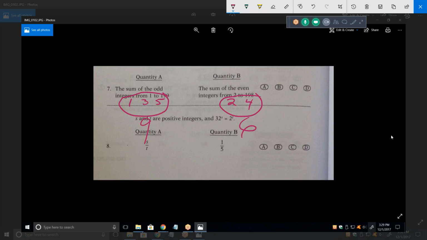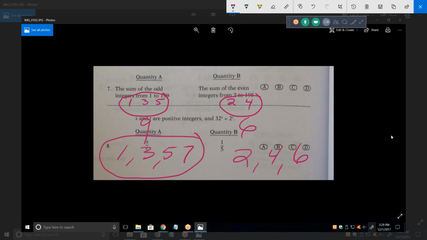Even if I used 1, 3, 5, 7, what would be the numbers for quantity B? For quantity B, if I let the numbers be 1, 3, 5, and 7 for A, it'd be 2, 4, and 6, right? Correct.